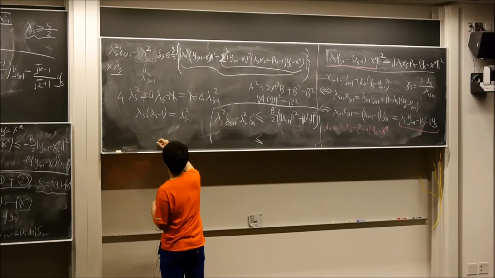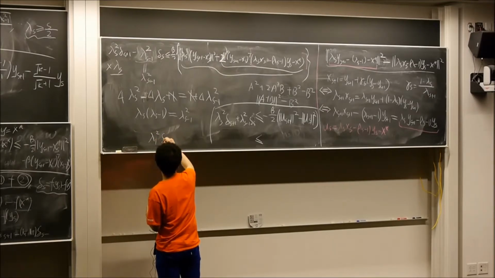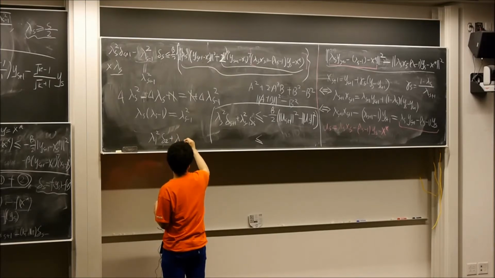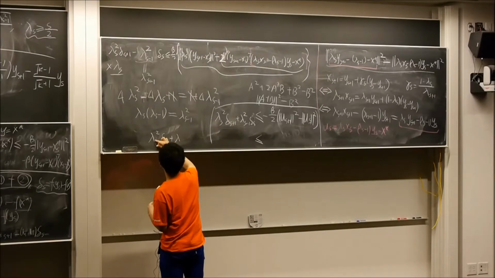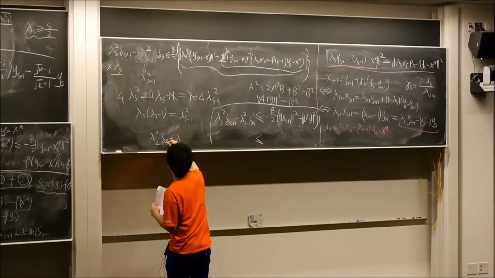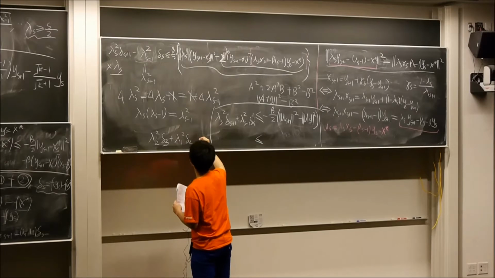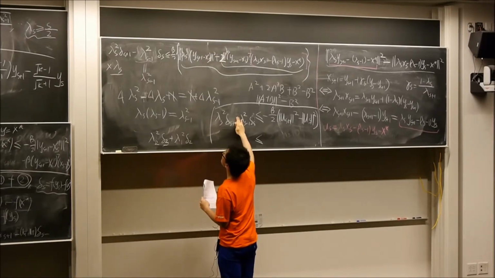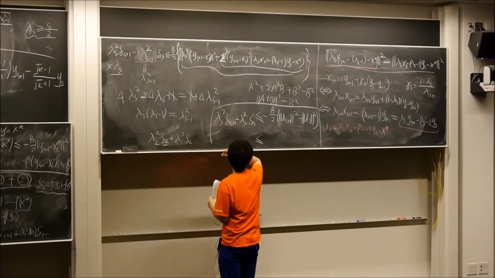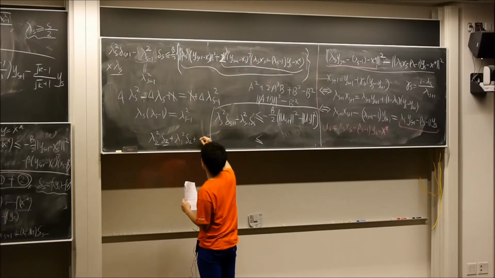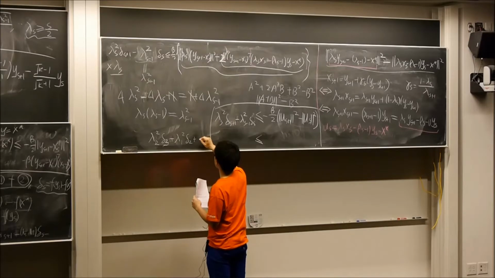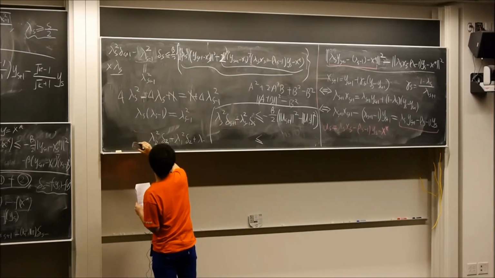So this would be lambda 1, lambda, there isn't any lambda 0, so I have to, sorry, this is minus, otherwise it doesn't work. I should reverse the order so that it's easier to see.